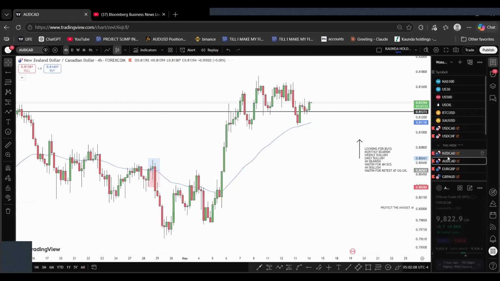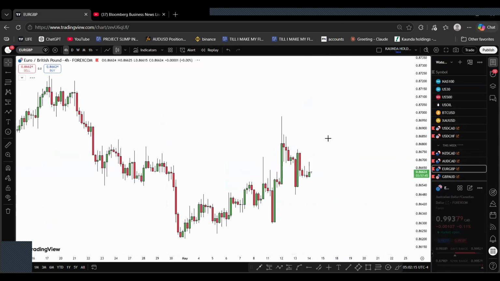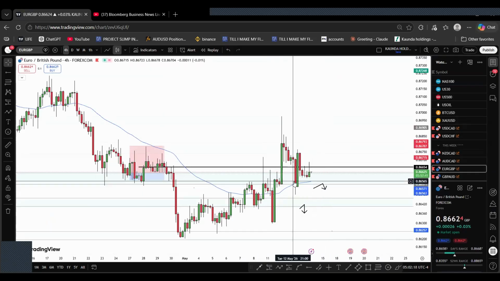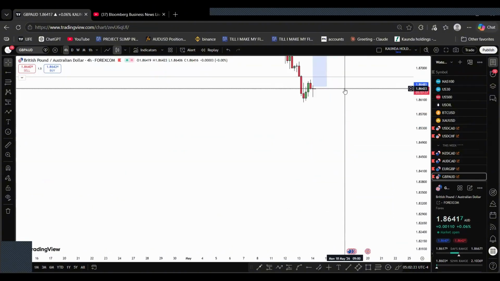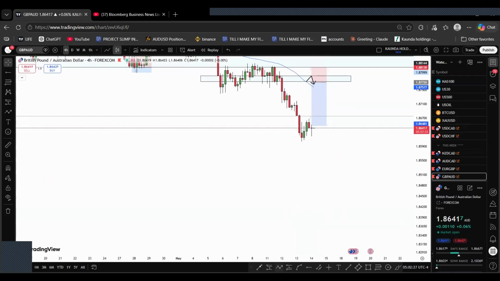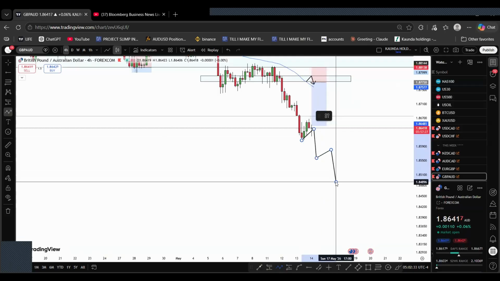And these other pairs, you can see AUD USD, AUD card completely broken above. The Euro GBP is now playing around this level, but it's of no interest to us. GBP AUD price has broken below, and price might even continue making new lower lows and new lower highs just like that.